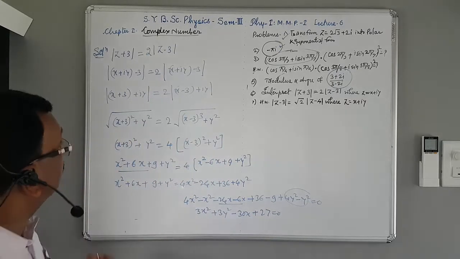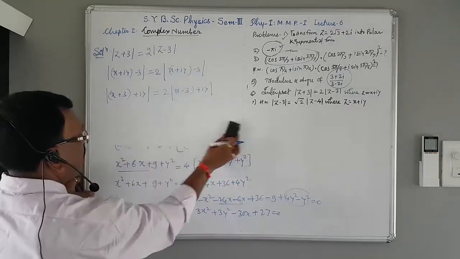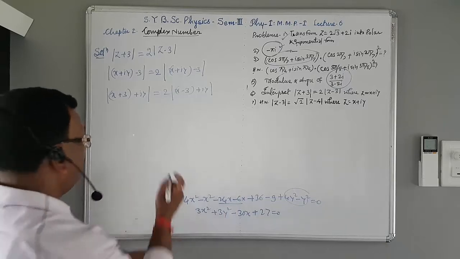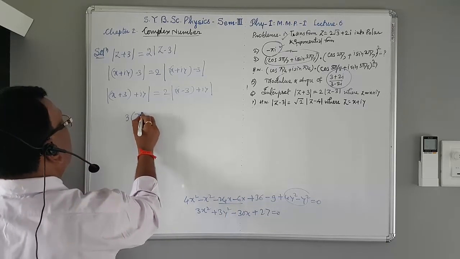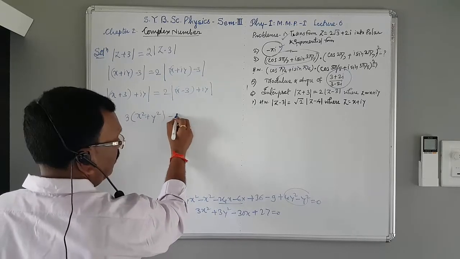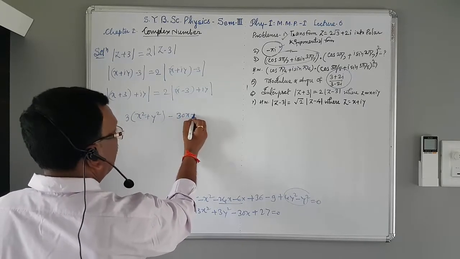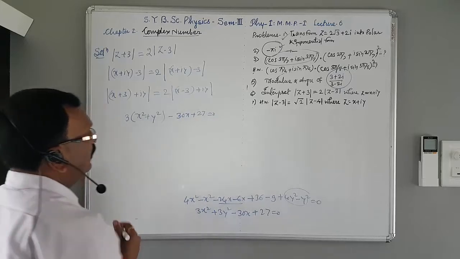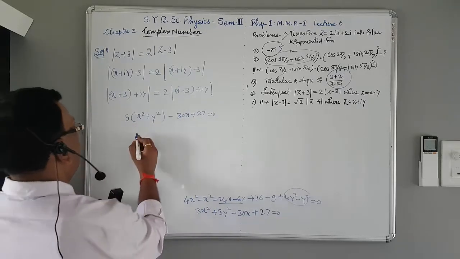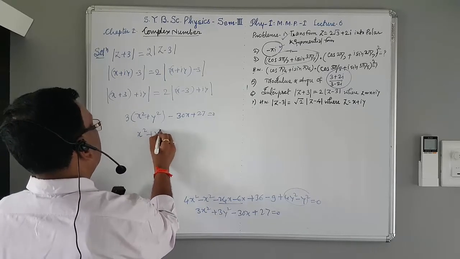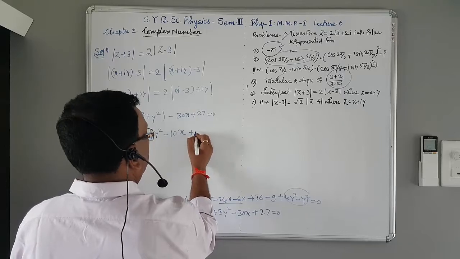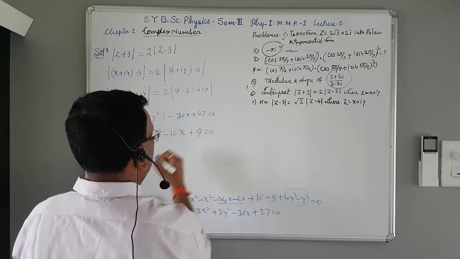Again solve this term, we get, take 3 as common, 3 in bracket x square plus y square minus 10x plus 9 is equal to 0. After dividing this equation by 3, we have x square plus y square minus 10x plus 9 is equal to 0.